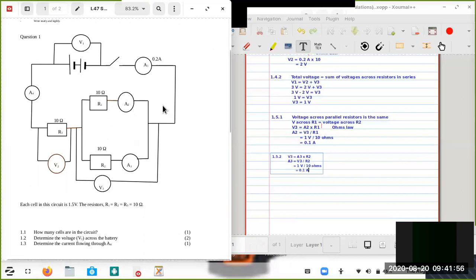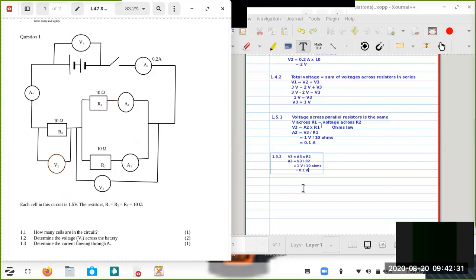So as it flows along, when it reaches the parallel part, the current is going to split, or the pathway is splitting into two pathways. Some of the current goes through R1 and some goes through R2. Since the resistance is the same, the current that flows through the two resistors is also the same. So it's 0.1 on A2 and 0.1 as well on A3.